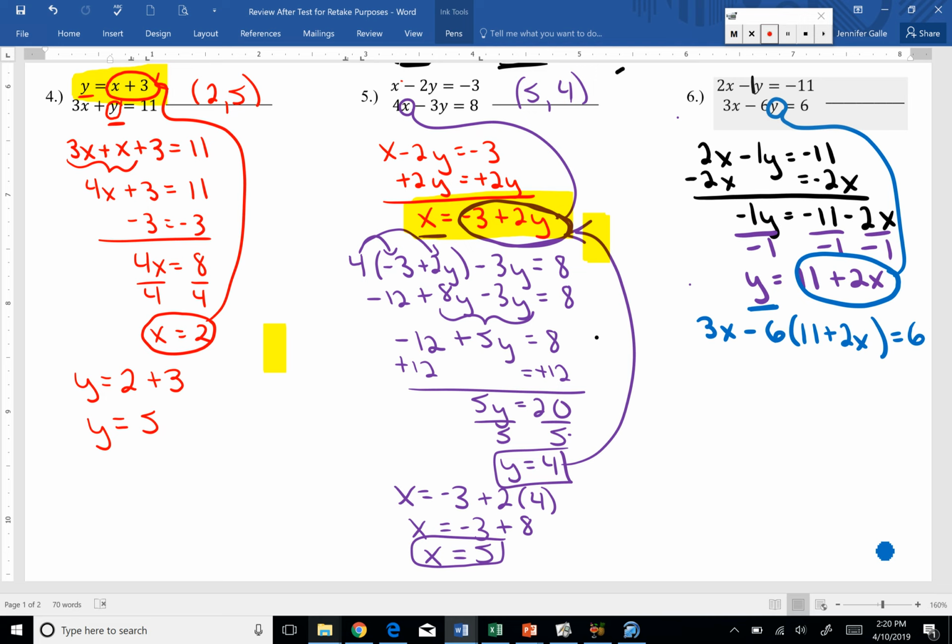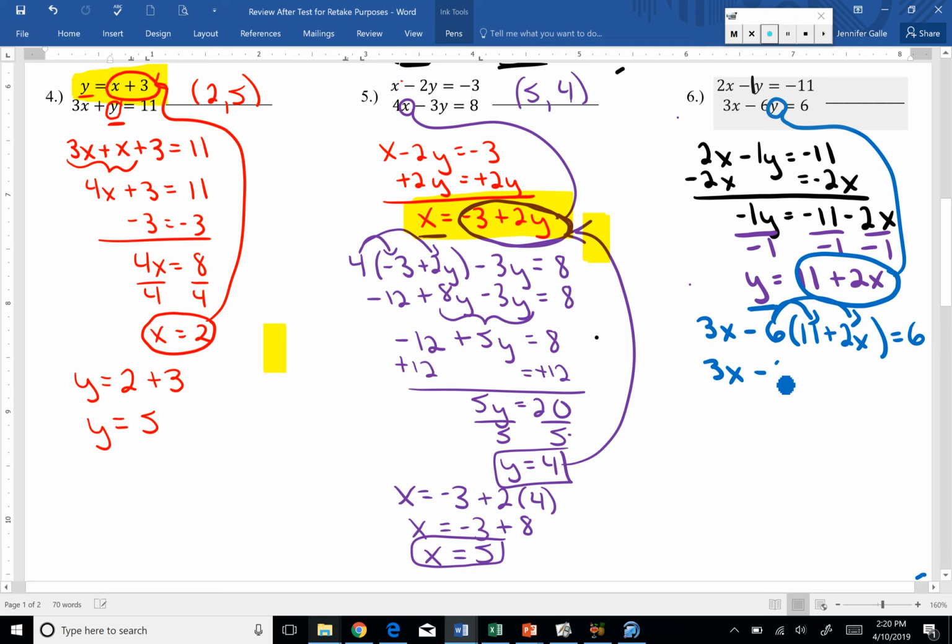Be careful on this one when you distribute. We need to distribute a negative 6. So this becomes negative 66, a negative 12x, and we still equal 6. Be very careful. It's a negative 6 that you are distributing.